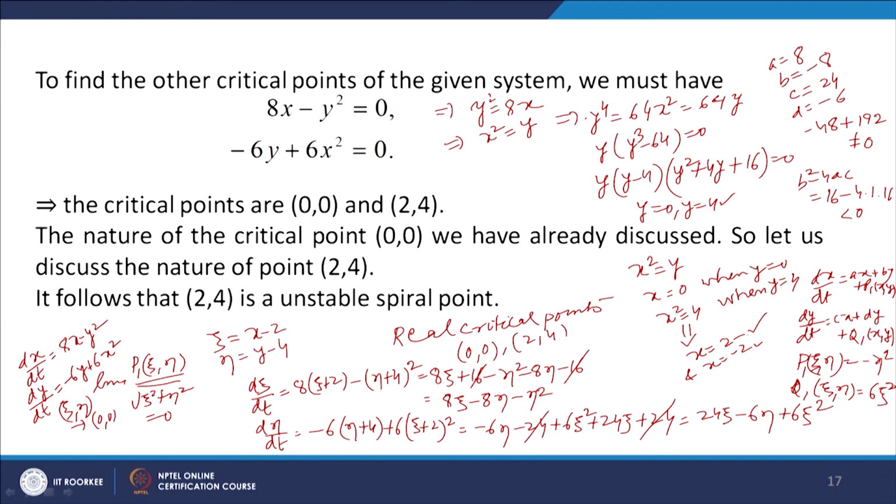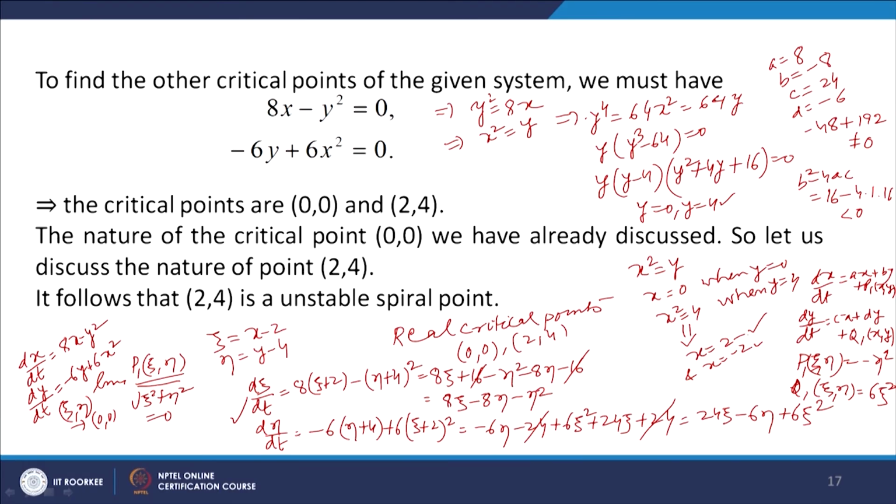Similarly, Q1 xi eta over under root xi square plus eta square goes to 0 as xi eta goes to 0, 0. So, both conditions 1 and 2 are met, and therefore the critical point of this system d xi by dt, d eta by dt, that is 0, 0 in the xi eta plane, will be the same as the corresponding linear system.